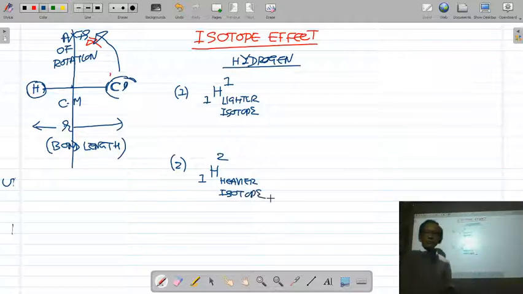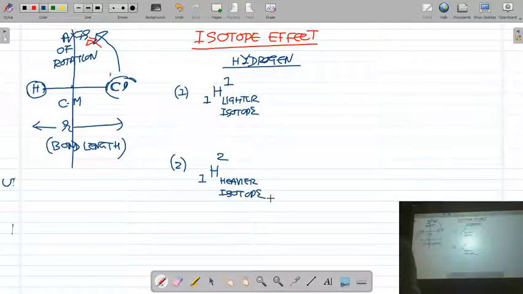Okay. Now for different isotopes, the reduced mass mu is different, and therefore the rotational constant B is also different.